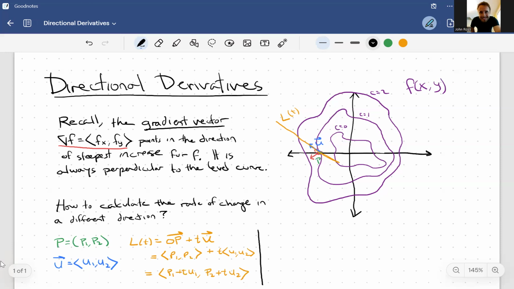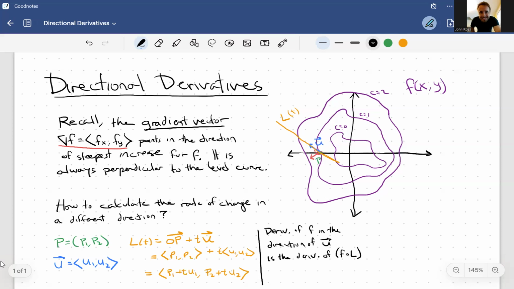So the directional derivative, the derivative of f in the direction of u is the derivative of f of L. And now notice f was a function of two variables, x comma y.